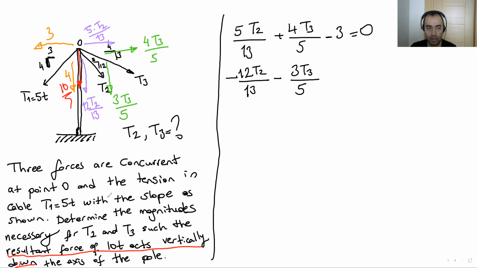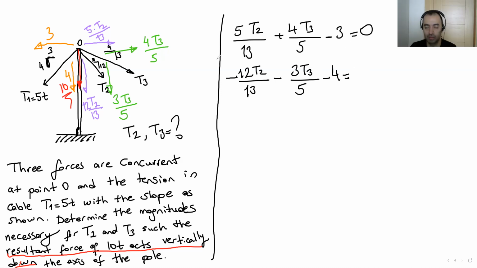What do I have more here in the negative direction? I have 4, minus 4, equals what? What do you think? The resultant 10. Equals minus 10.